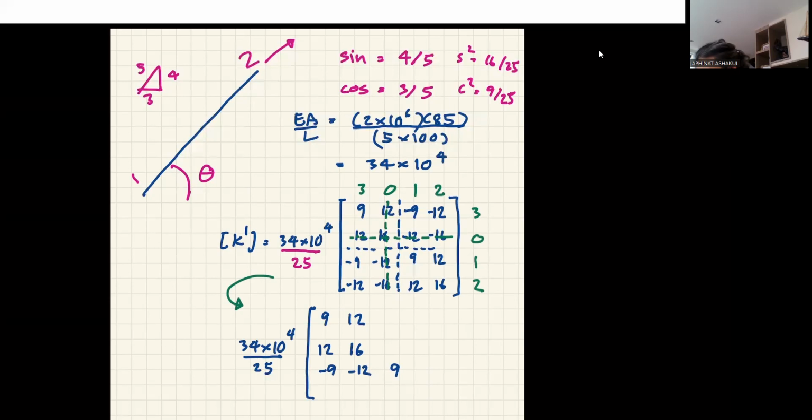Row 1, that's 9 and 12, and at column 3, I also have minus 9. For row 2, it's 12, 16, and minus 12. So minus 9 and minus 12, minus 9 and minus 12, you see? The contribution from member number 1 is just for 3 by 3, so the rest has to be 0, right?